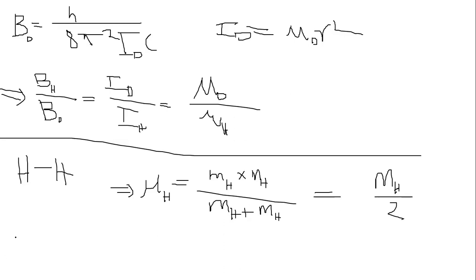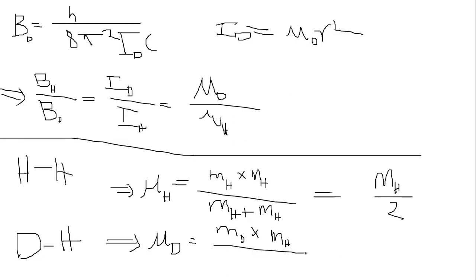But when there is one D and one H, one deuterium and one hydrogen, in that case, that will be Md into Mh divided by Md plus Mh.